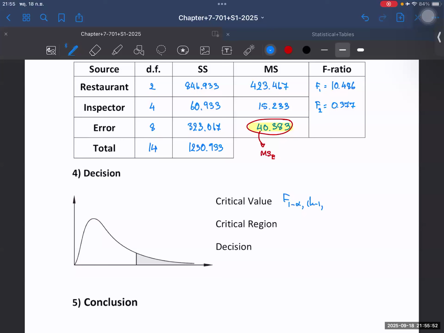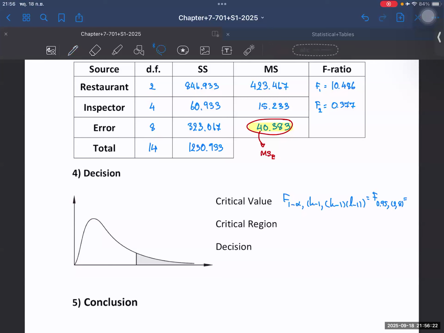And K minus 1 times L minus 1 again is 0.95 with 2, 8. Okay.